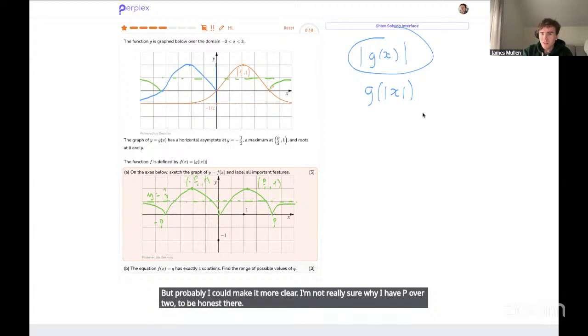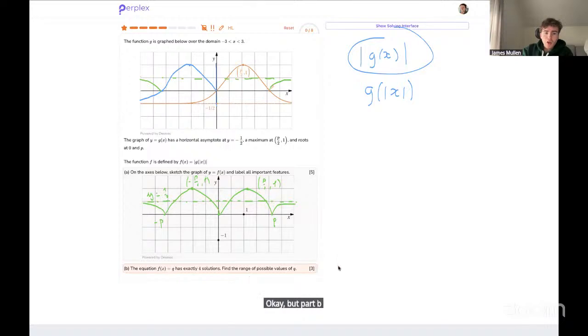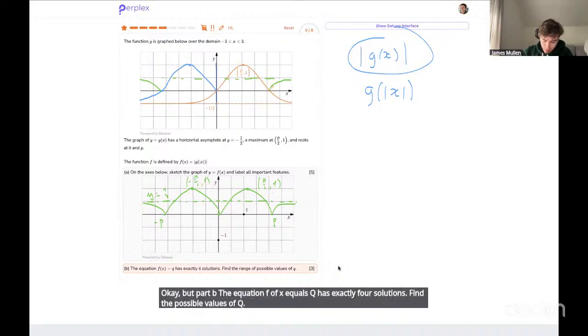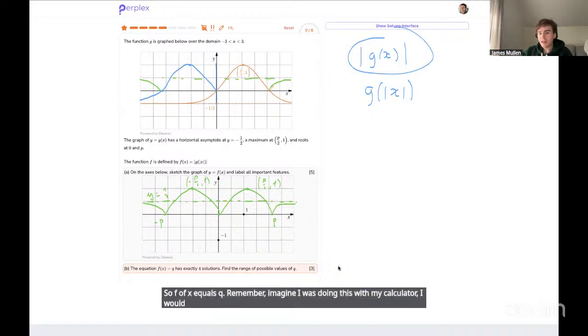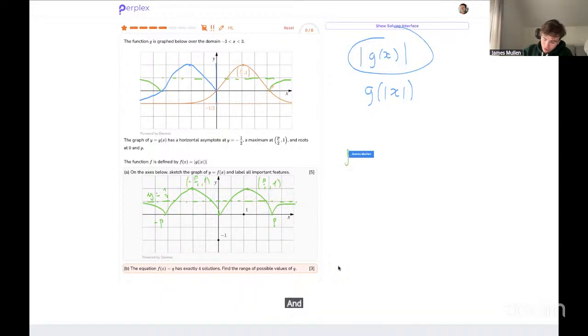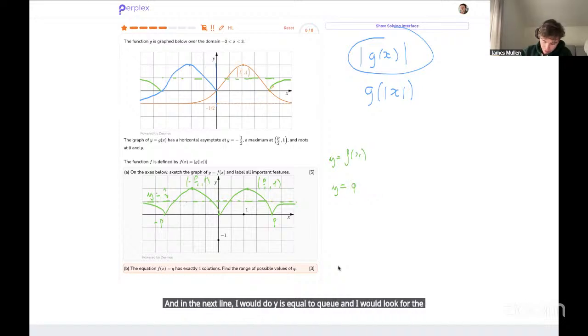Okay, but part B. The equation f of x equals q has exactly 4 solutions. Find the possible values of q. So f of x equals q. Remember, if I was doing this with my calculator, I would graph f of x in one line, and in the next line I would do y is equal to q, and I would look for the intersections of those two things.